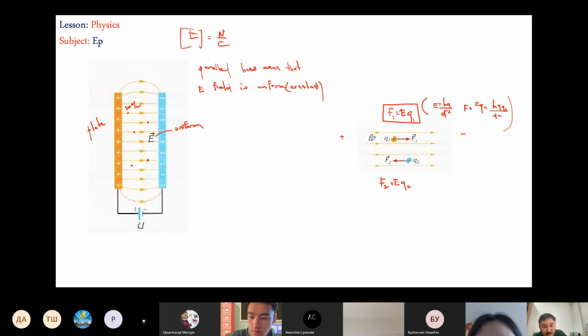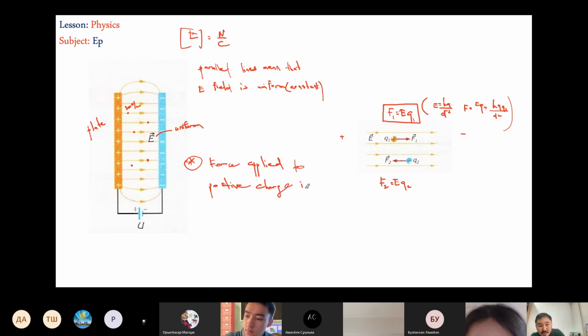Біріншісі, force applied to positive charge is in the same direction with electric field.